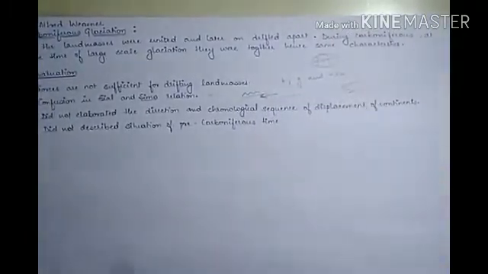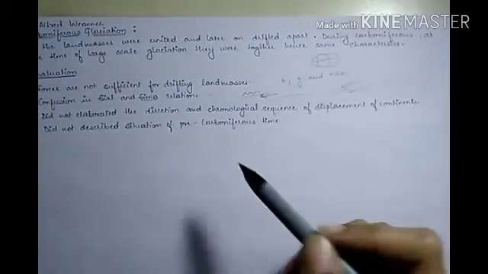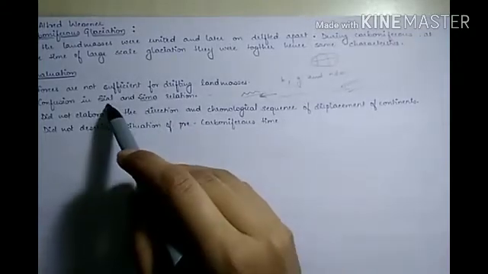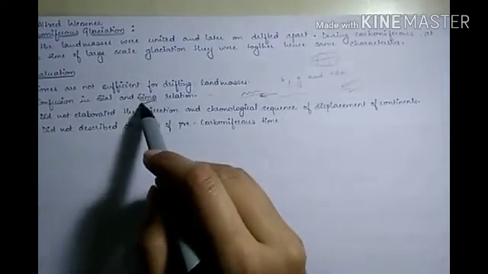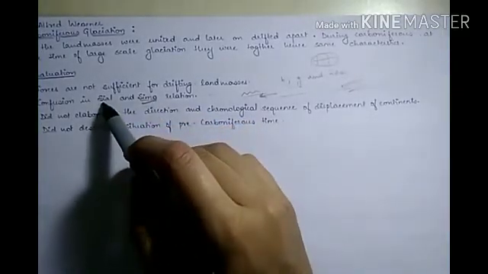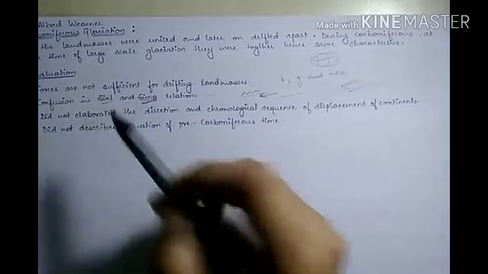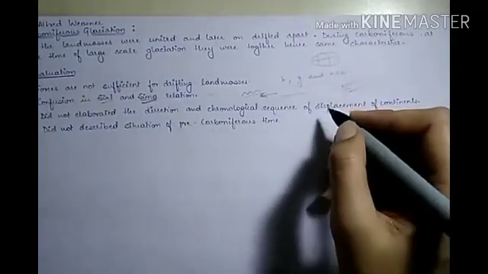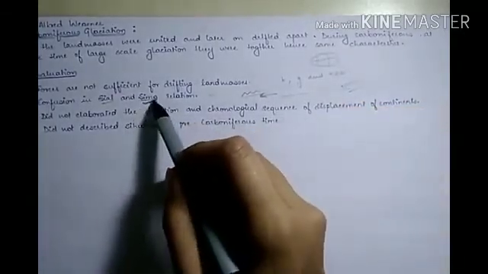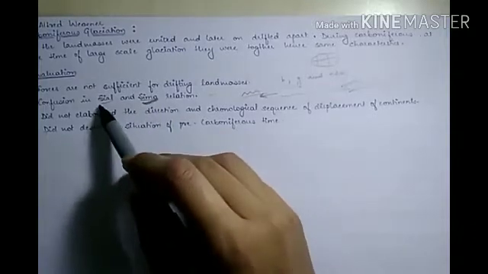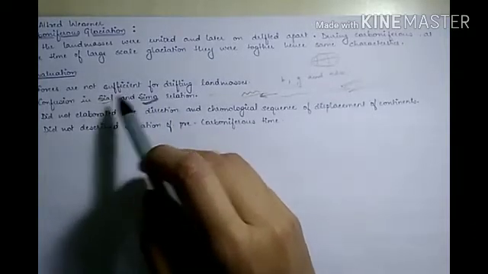Okay, so this caused the confusion. And the next thing is that SIMA is not so strong that it can crumple SIAL. Okay, and another thing is that SIMA is much, much denser than SIAL, so SIAL cannot float over SIMA.